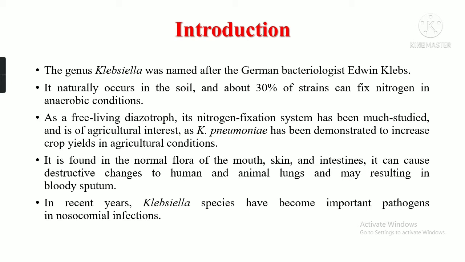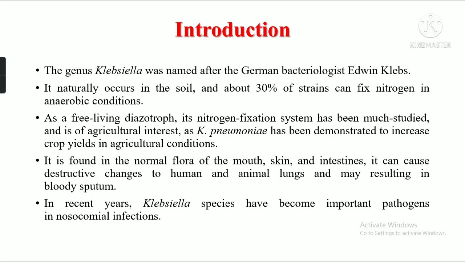As a free-living diazotroph, its nitrogen fixation system has been much studied and is of agricultural interest, as Klebsiella pneumoniae has been demonstrated to increase crop yield in agricultural conditions. In simple words, we can say it can be used as a nitrogen fixing microorganism and as a biofertilizer. Klebsiella pneumoniae is found in the normal flora of the mouth, skin and intestine.